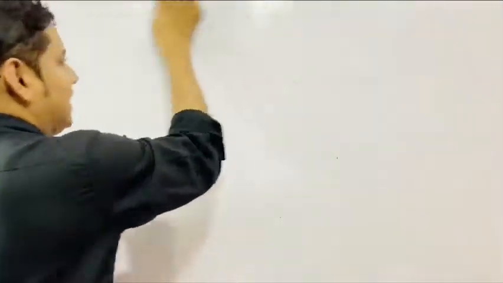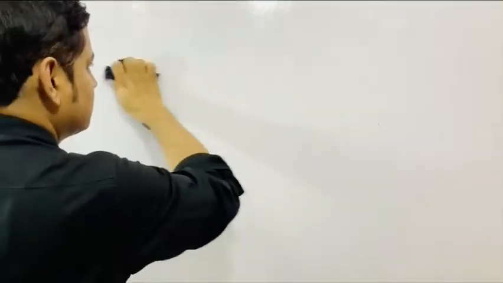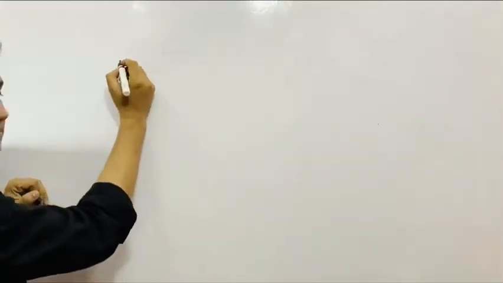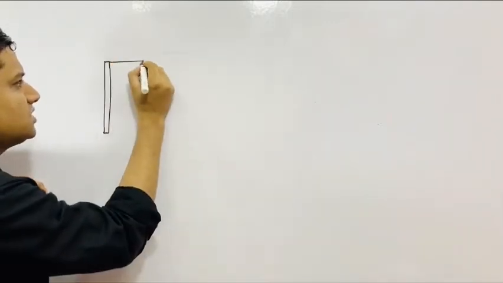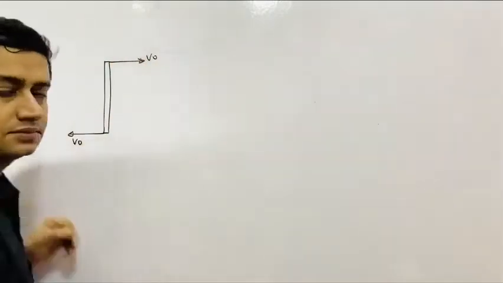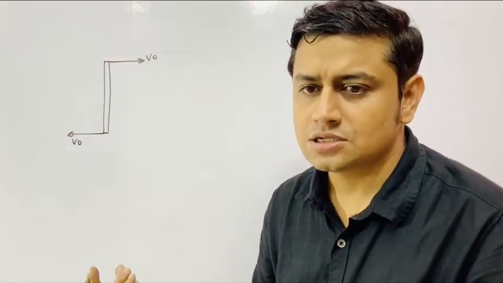Suppose we have a rod like this. This velocity is v naught right, and this is v naught left. Where is the instantaneous axis located?